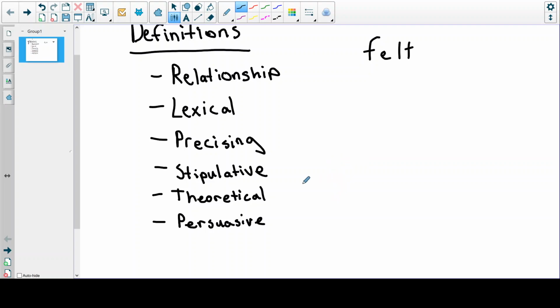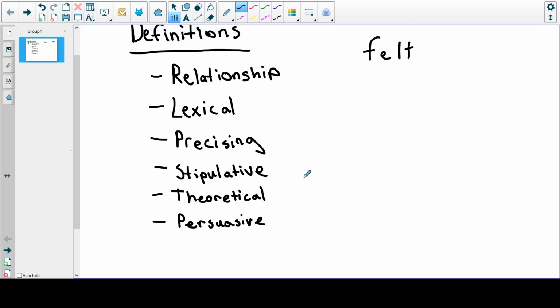All right, and then stipulative definitions are next, and that's a unique one in that whenever you create a new word, you also need to define it. Stipulative definitions define a new word.